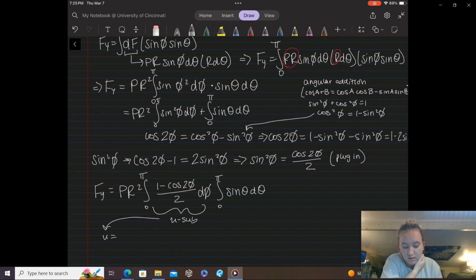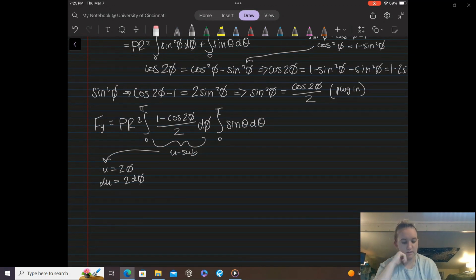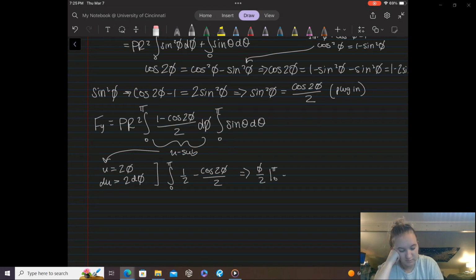We would want our u value to be 2 phi, and then our du value would be 2 d phi. So then if we plug that in, we would take the integral from 0 to pi of 1/2 minus cosine 2 phi over 2. And integrating this, we would get phi over 2 evaluated from 0 to pi minus 1/4 integral of cosine u du.